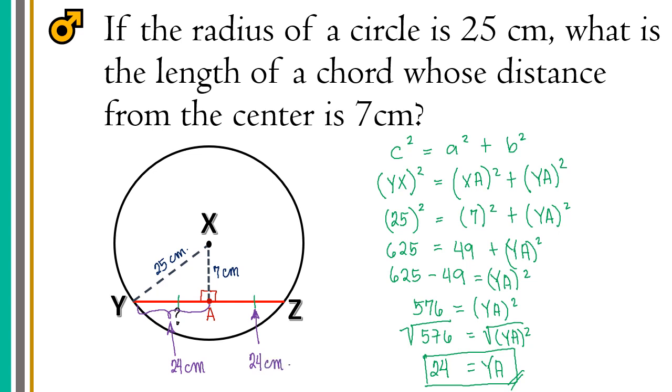And our final answer for this problem would be, so the distance of the chord from the center is 7 centimeters, and the radius is 25 centimeters, and how long is our chord, and that is 48 centimeters. Okay, so we are done with this problem.